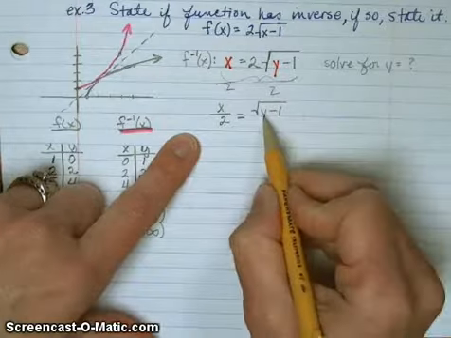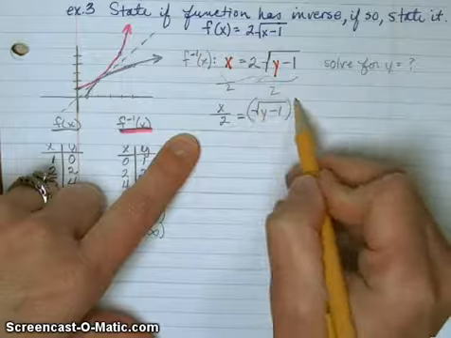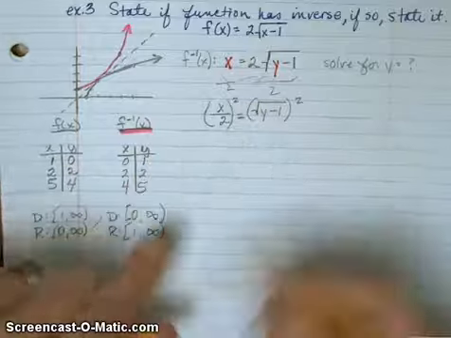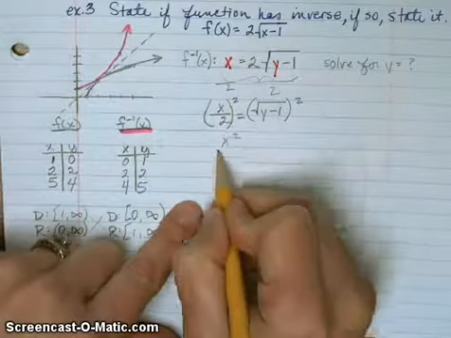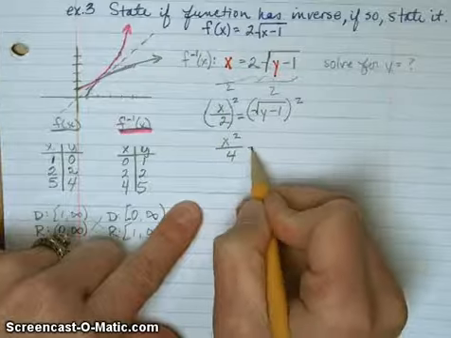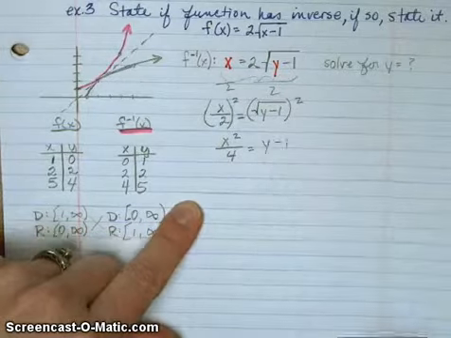Remember, I'm trying to get y by itself. How do I lift the square root? You square it. So we square both sides. That gives me x squared divided by 4, you have to square the numerator and the denominator, equals y minus 1. I'm really, really close.